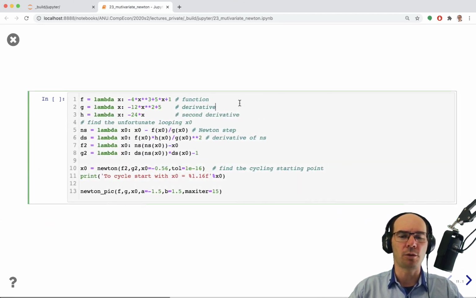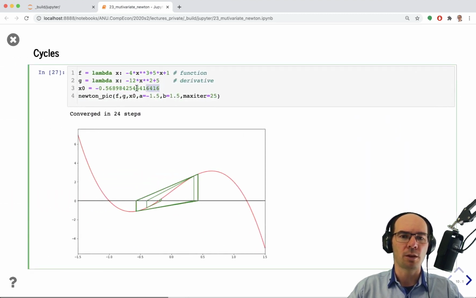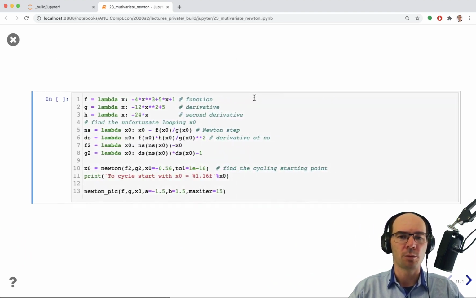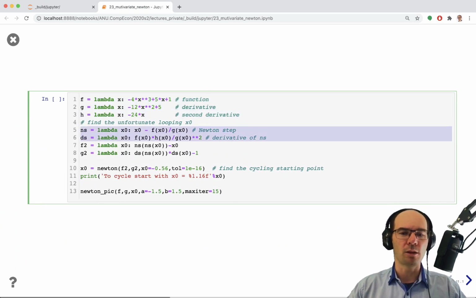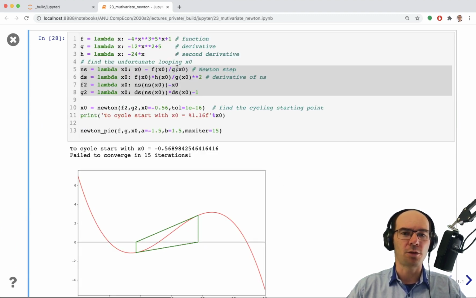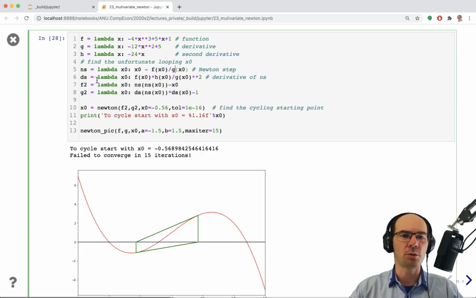If you want to know how I found the starting value here, this negative 0.5689 and so forth, what I had to do is run yet another Newton method, which found the solution such that two consecutive Newton steps return to the starting point. This ns here codes up the Newton step with its own derivative, and then f2 is the objective function for the equation that I want to solve.